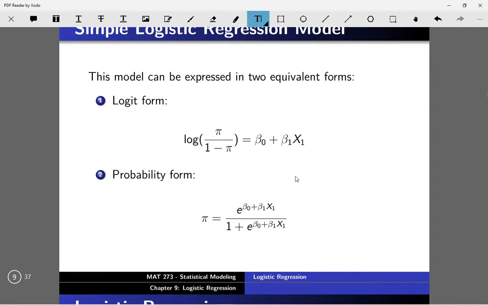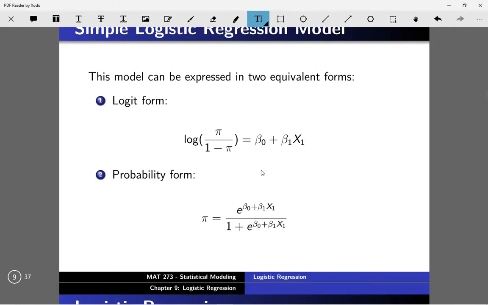And they call this the inverse logit function, because this is the logit function, and the inverse of it that solves for pi is the inverse logit function. Okay, so you can think of it too as estimating or modeling a probability through this form. But people more commonly write it as the logit form because that more closely resembles regular multiple linear regression.